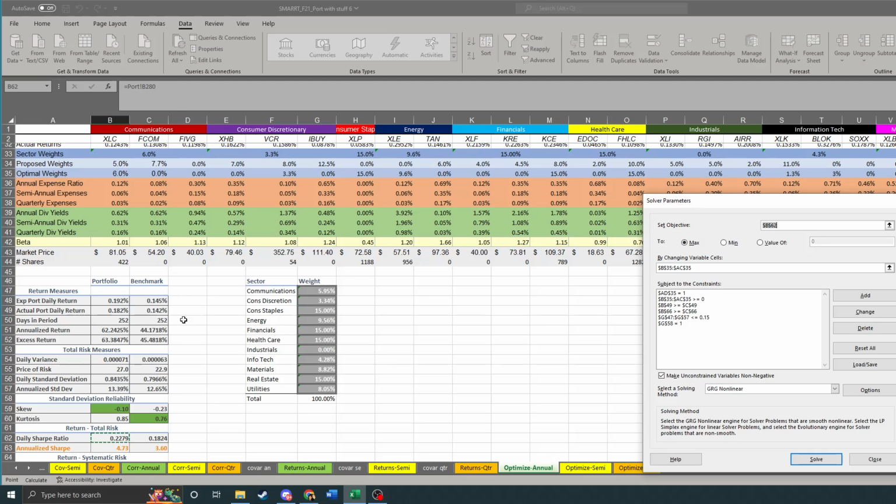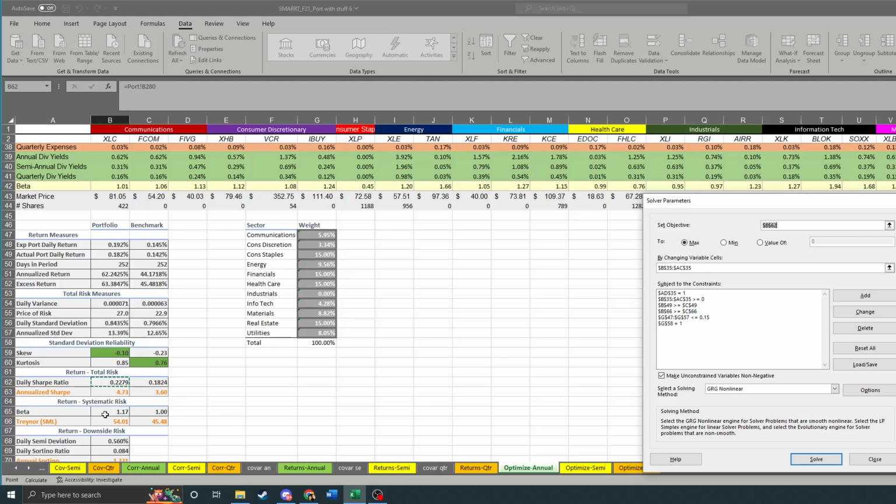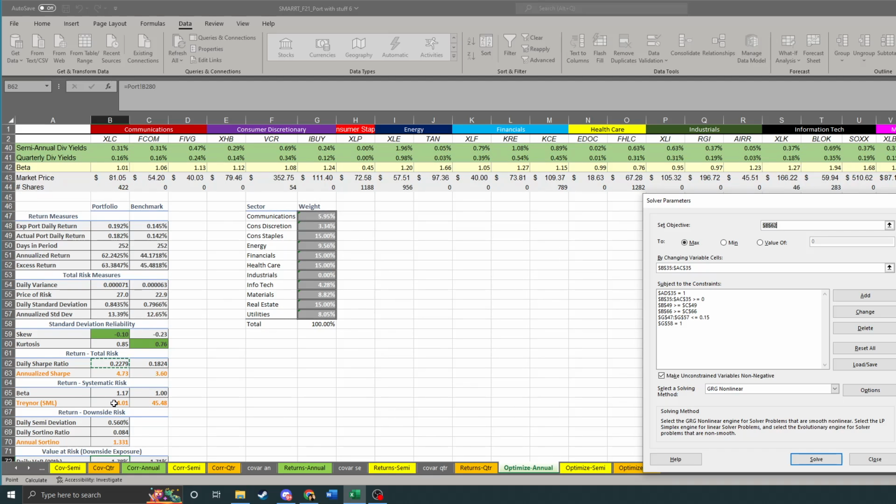And so it's going to create a scenario in which we outperform the benchmark every time, at least from a daily return standpoint. And then the next one will be B66 has to be greater than or equal to C66. So that is our Treynor ratio has to be greater than the benchmark's. Makes sense, again, basically just trying to outperform.